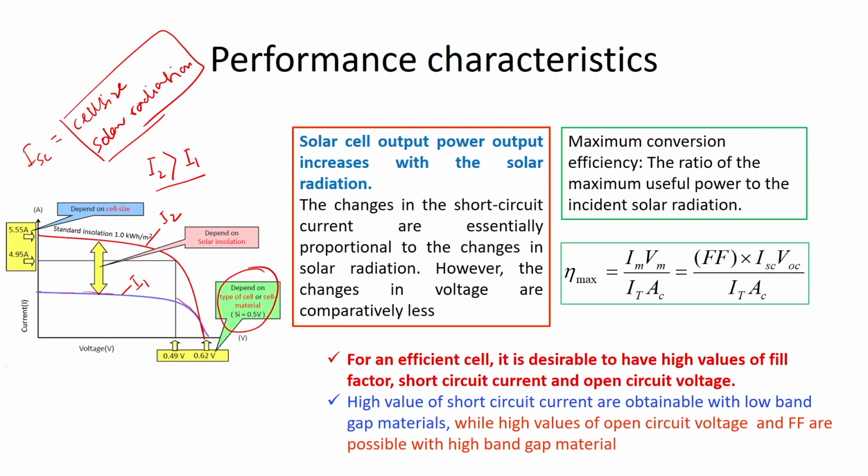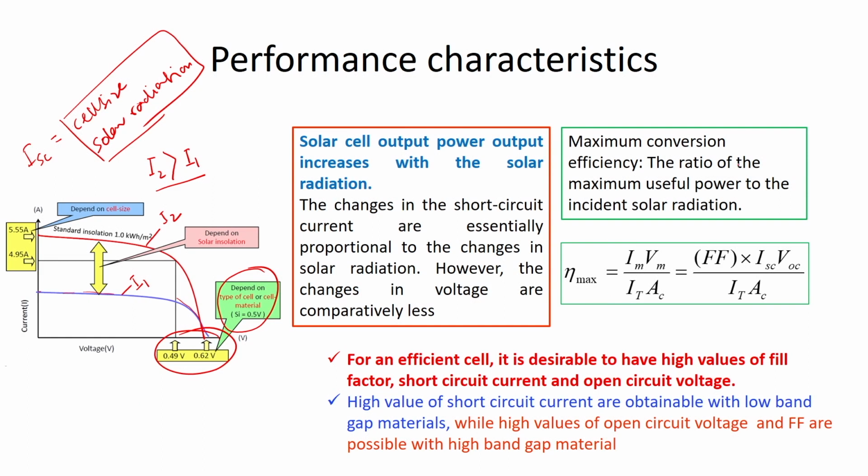So, we need to be concerned about material properties to look into the matter of open circuit voltage, right. So, that is how it is said that solar cell output power increases with increase in solar radiation. And also we have seen the changes in the short circuit current are essentially proportional to the change in the solar radiation. However, changes in voltage are comparatively less, as we can observe in this plot.